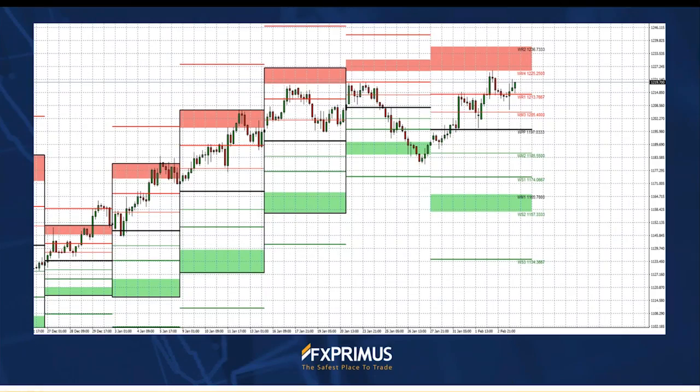So where on the chart is support? Unfreeze that actually. There you go. So where on the chart is support? We're just looking going forward now. We're not going to look at the past.